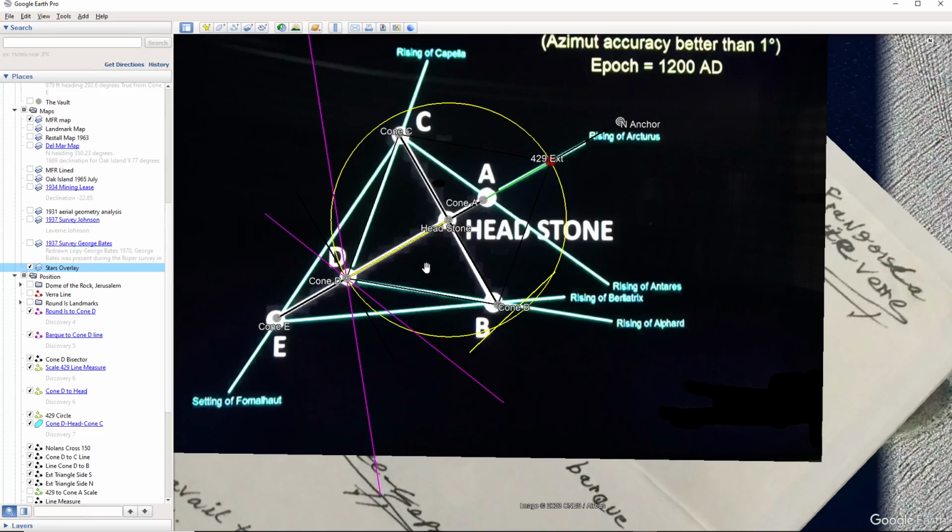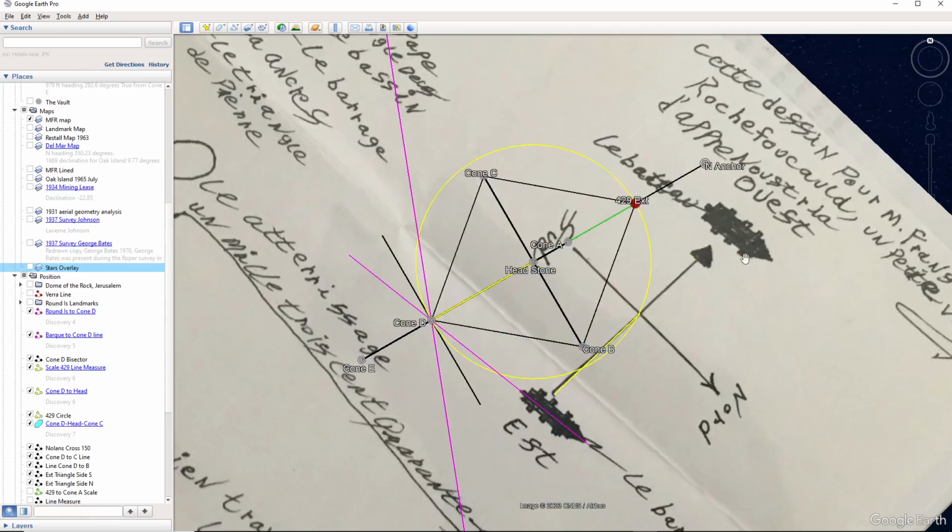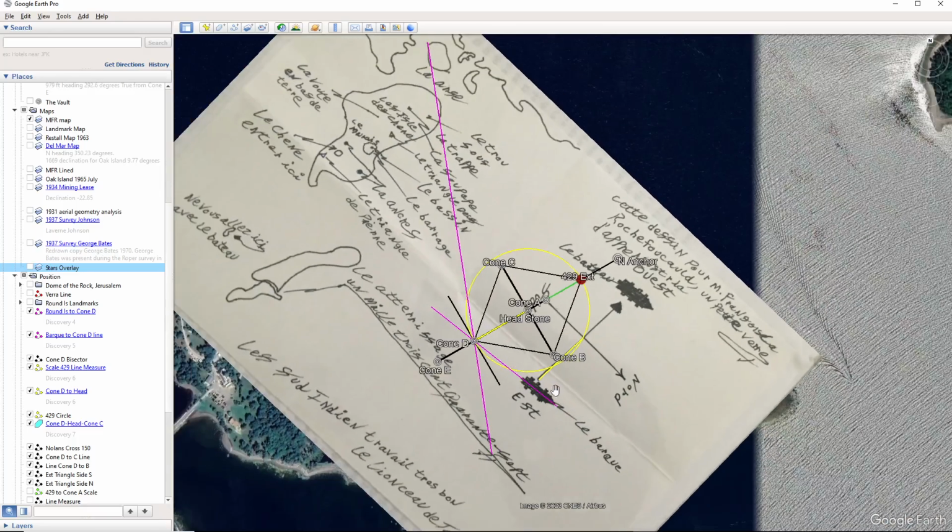But since it was later on in time that these stars would no longer align with cone D, they would have to come up with a different way to communicate the alignment and the position of cone D. Now, the beginning of this mystery, according to the vault theory, starts with Nolan's Cross. And Nolan's Cross is the index of all the geometry that comes off it to find the entrances that need to be found in order to solve the mystery on Oak Island.